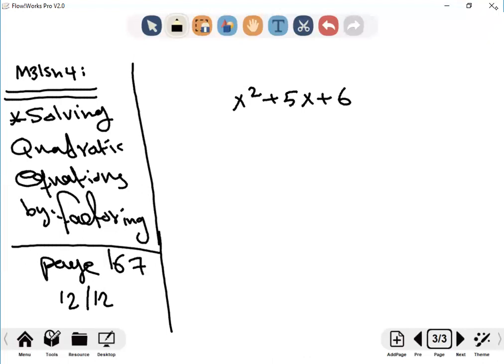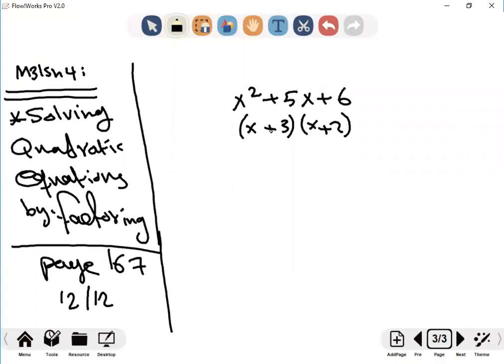You take two parentheses. Two numbers that if you multiply them give 6 and if you add them give 5. Did you take factoring before like this? Okay.